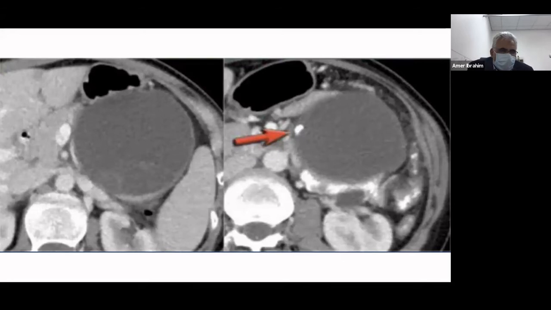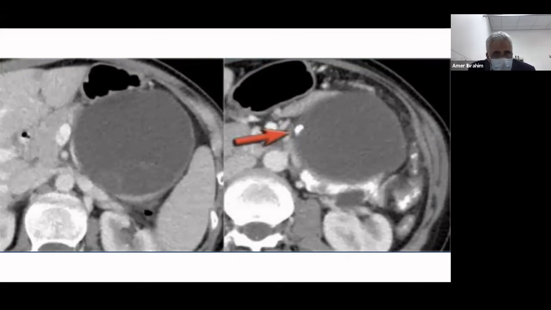This lesion usually happens in the body and tail of the pancreas, and usually in youngish ladies, usually in their late 20s, 30s, or beginning of their 40s. It is unlikely to see it in someone who is 70 years old. This lesion has a characteristic that the stroma of the lesion is similar to ovarian stroma.